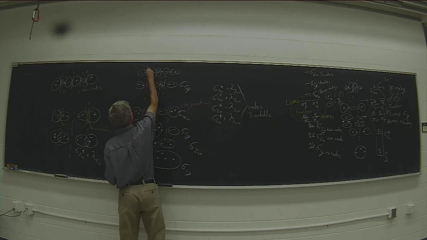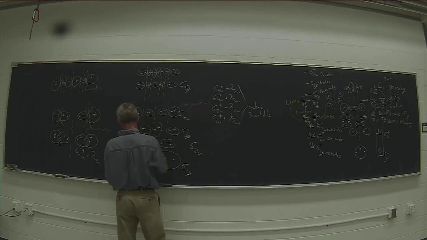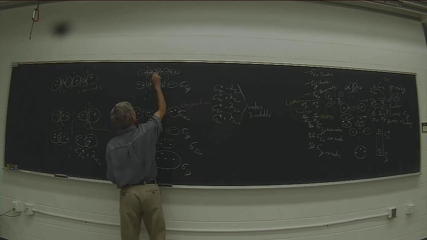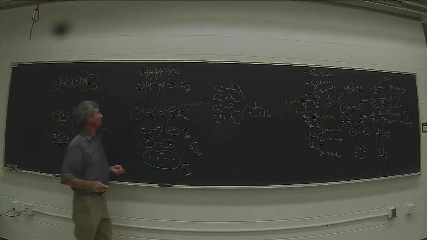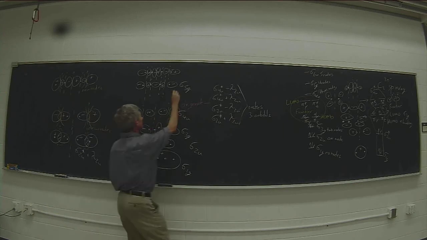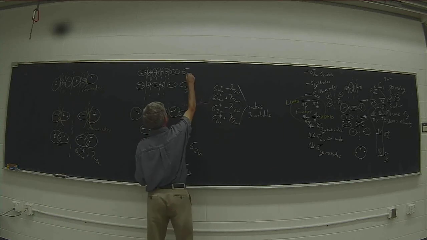New nodes are here. The existing nodes are here. A total of 5 nodes, and that's my sigma 6u orbital.